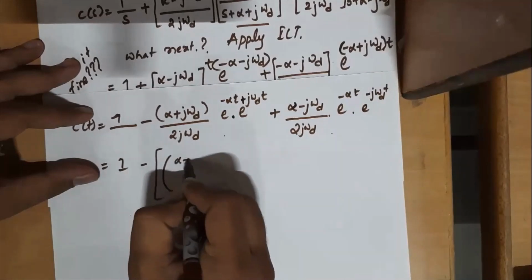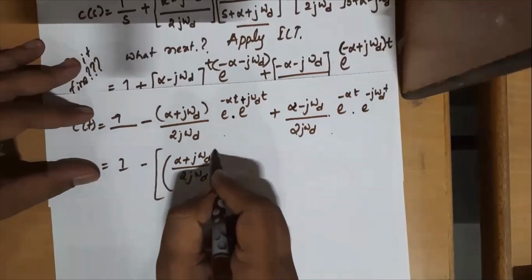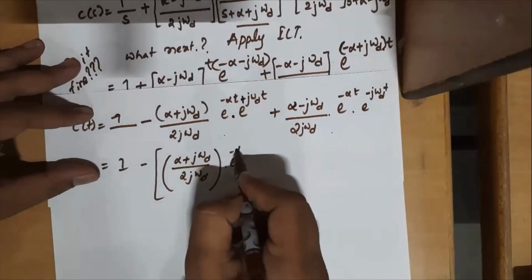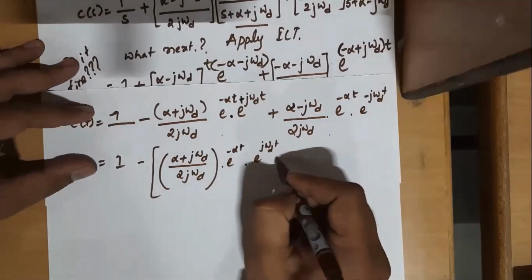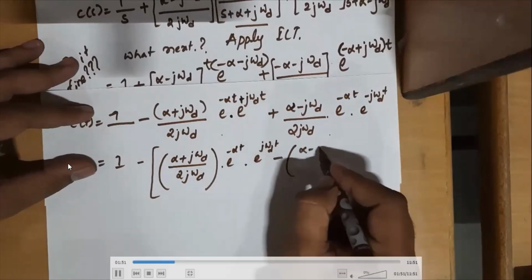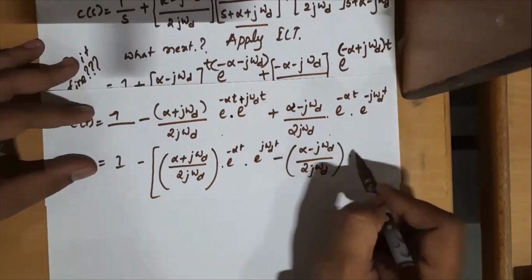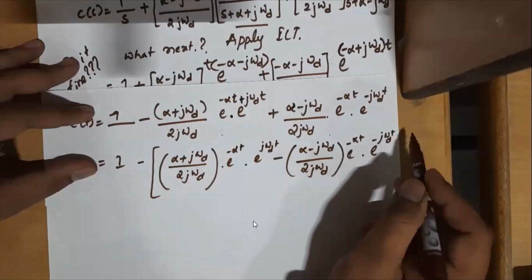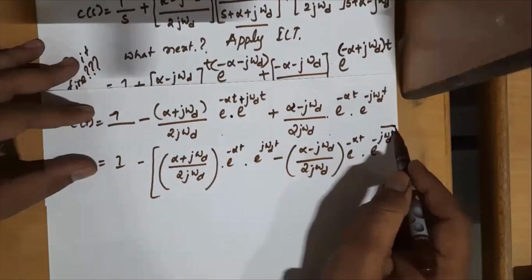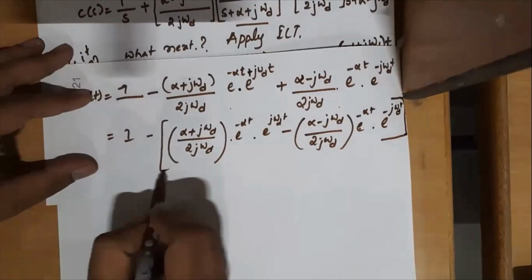Let me take all the terms inside negative sign now. So the first term as it is, and e raised to minus alpha t as it is, e raised to j omega dt as it is. This will become minus now because I have taken minus as a common sign. So minus and minus will give us plus. So alpha minus j omega d, right, divided by 2j omega d into e raised to minus alpha t and e raised to minus j omega dt as it is.